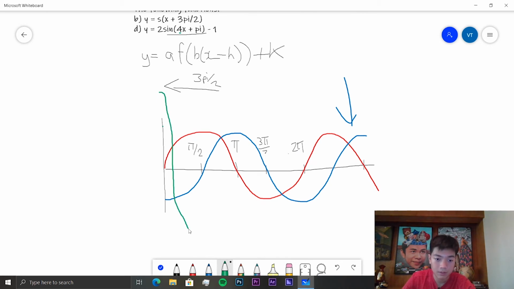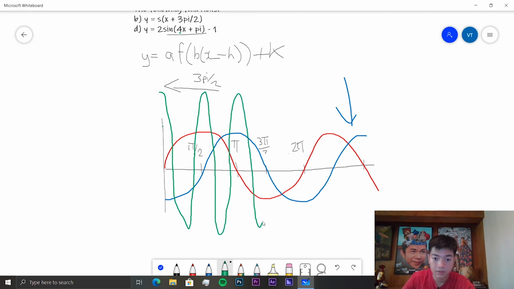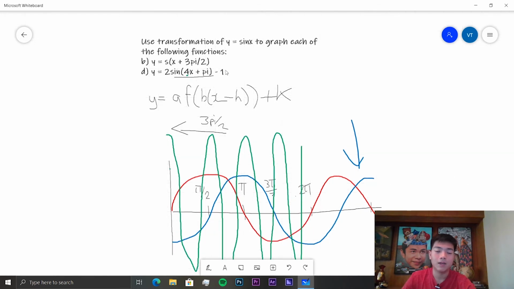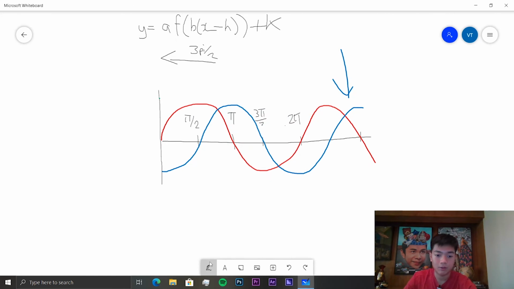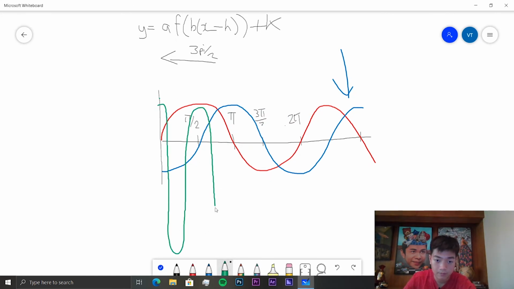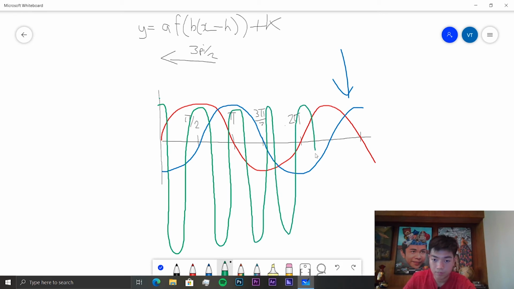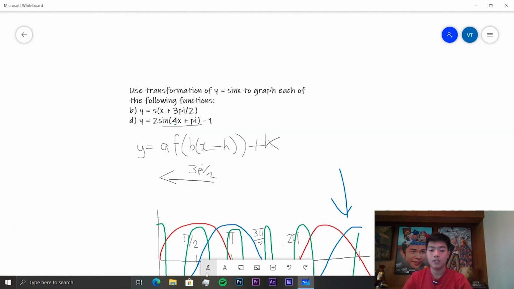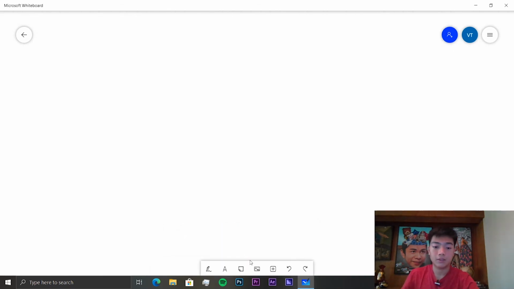I'll put it over here. So it would look like something like the green line, except that we need to translate it downwards by a vector of 1, since we have minus 1. So our final graph will look something like this. Yeah, something like that.